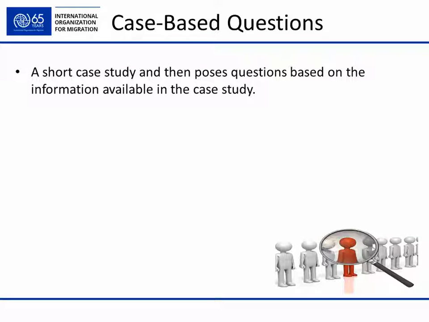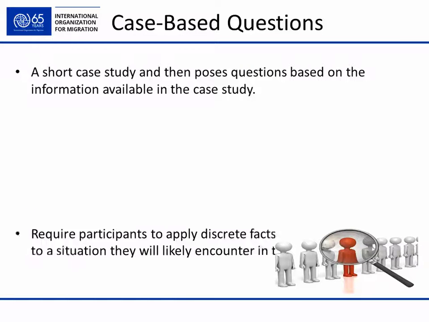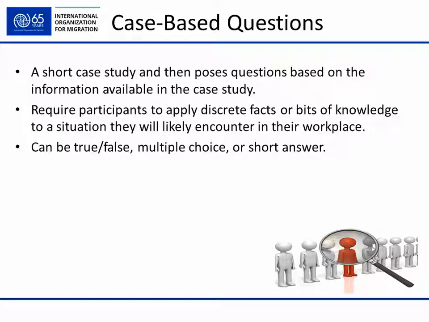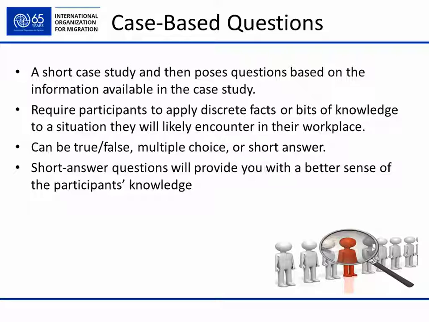Case-based question: a short case study and then poses question based on the information available in the case study. Require participants to apply discrete facts or bits of knowledge to a situation they will likely encounter in their workplace. Can be true, false, multiple choice, or short answers. Short answer questions will provide you with a better sense of participants' knowledge.